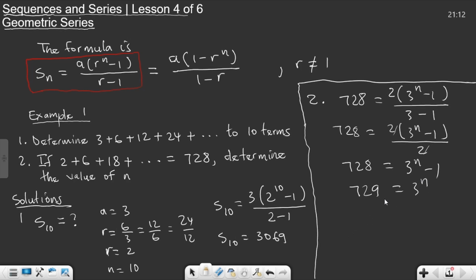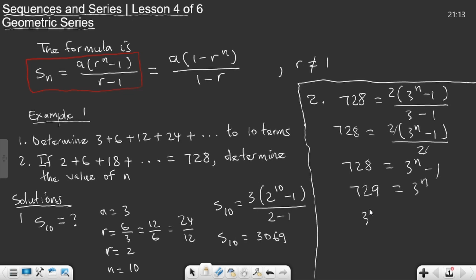Can you see now we have this 729? You can use log to solve for n, or let's cheat and see. If I have a base of 3, what should I raise my 3 to, to which exponent, so that I can have 729? You can check with your calculator.